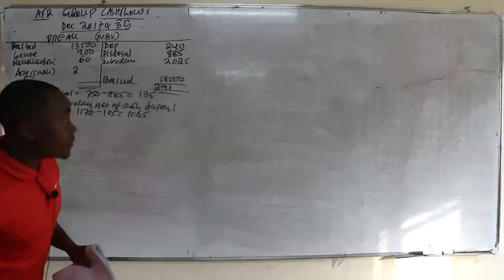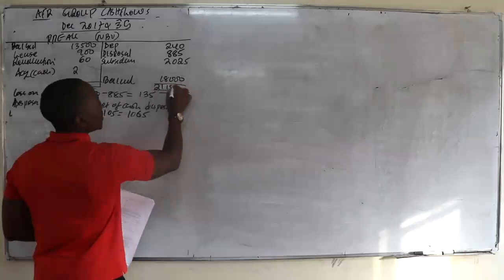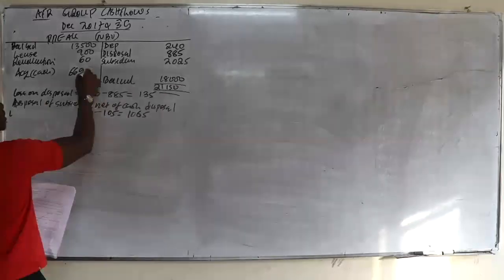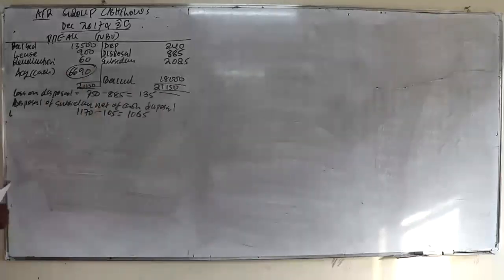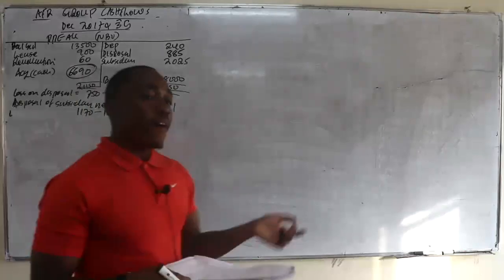We have 21,150, 21,150. 66, 90. So that's the cash acquisition of the asset. And we are through. Now let's go to the balance sheet.